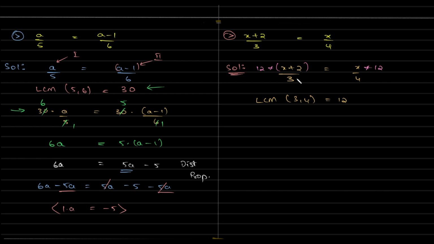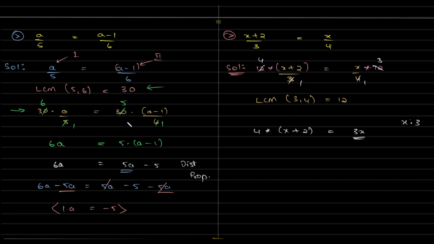So next step is to eliminate. 3 ones are 3, 4s are 4 ones are 4, 3s are cancelled, and just copy the question. 4 times of x plus 2 is equal to x into 3 or 3 into x, commutative law. I used commutative law over here. Instead of writing x into 3, I wrote 3 into x.